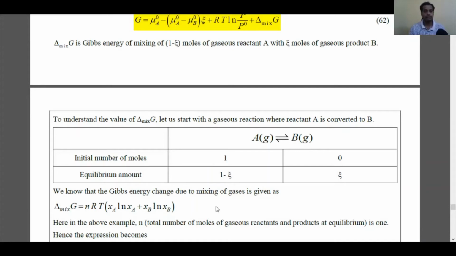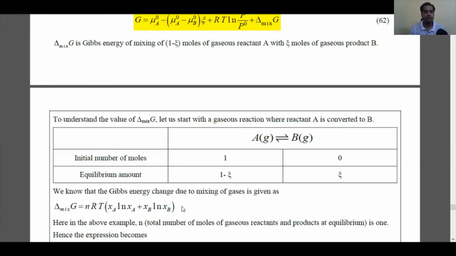This expression we have already discussed in our previous session, so I will not discuss it again. So this is the expression for Gibbs energy of mixing. Now what is xA here? xA is 1 minus xi because the total number of moles is 1, and mole fraction is the number of moles by the total number of moles. So the mole fraction of component A is 1 minus xi. The mole fraction of component B is only xi.